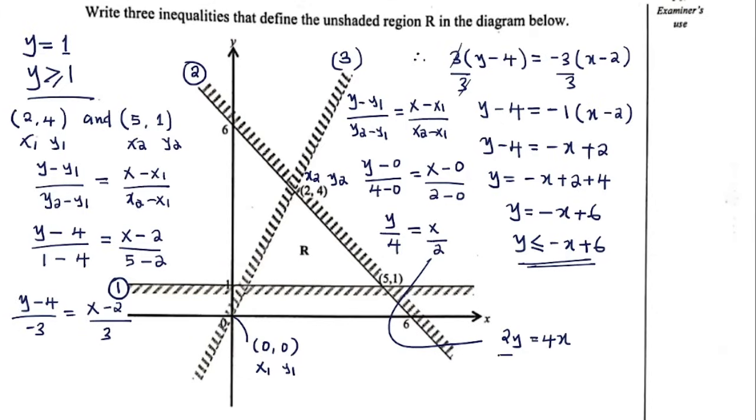So you divide both sides by 2, meaning your equation will be y is equal to 2x. So if you look at that line, we discover they had to shade the greater there. So what will be our inequality sign? Our inequality sign is going to be y is less than 2x. We're not going to put the equal to because our line is a broken line.